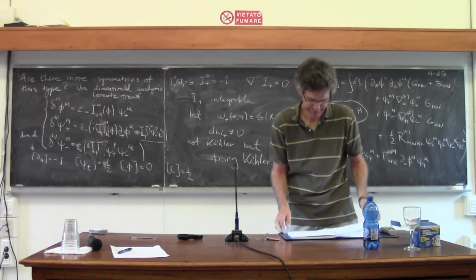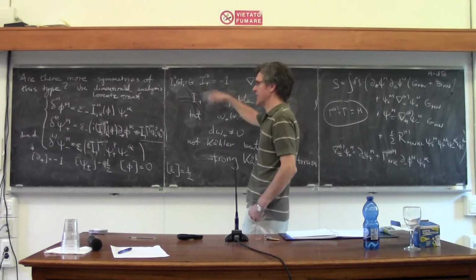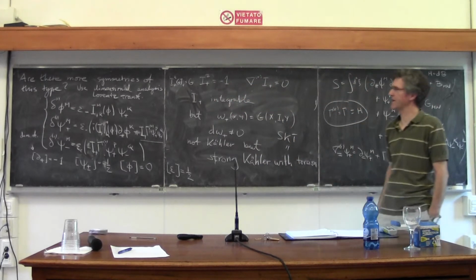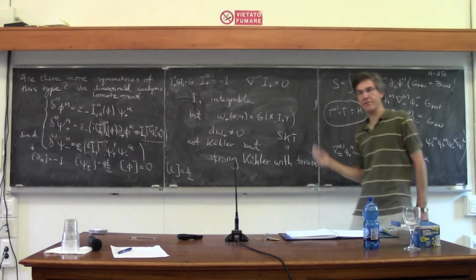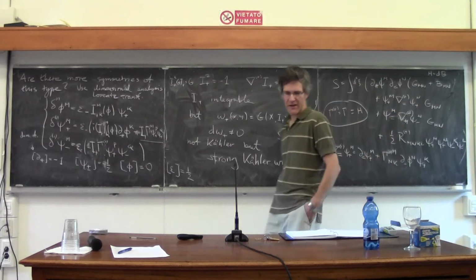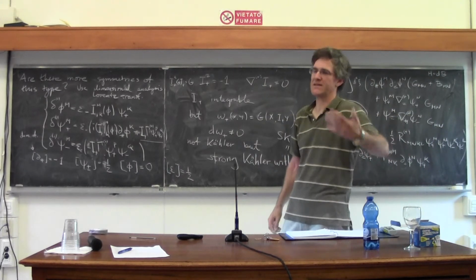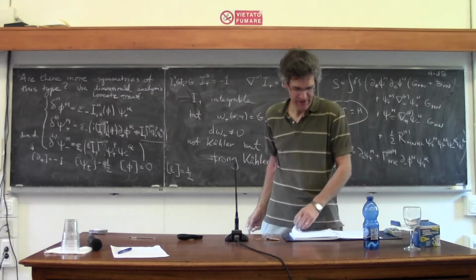Now, of course, you can play the same game as we did before. You have more supersymmetries. Again, you get one for free, and you get something which generalizes hyperkähler, which is called strong hyperkähler with torsion.